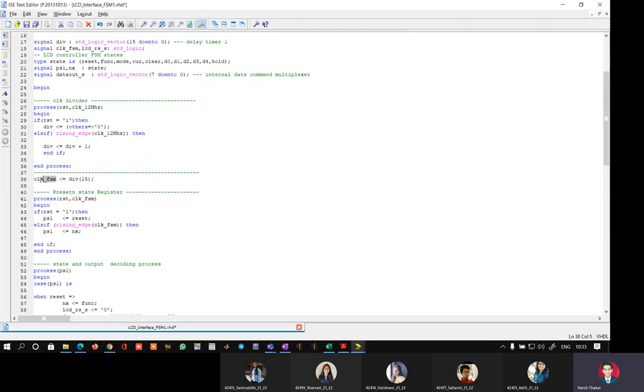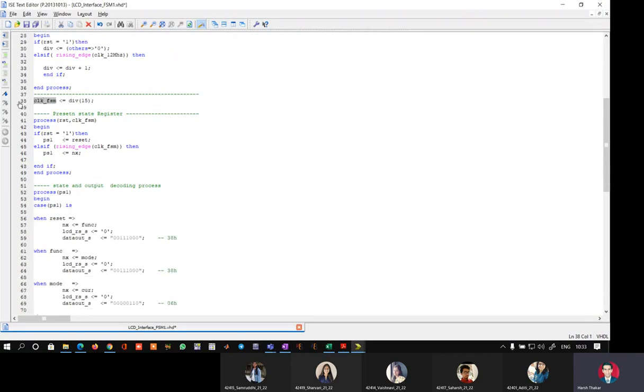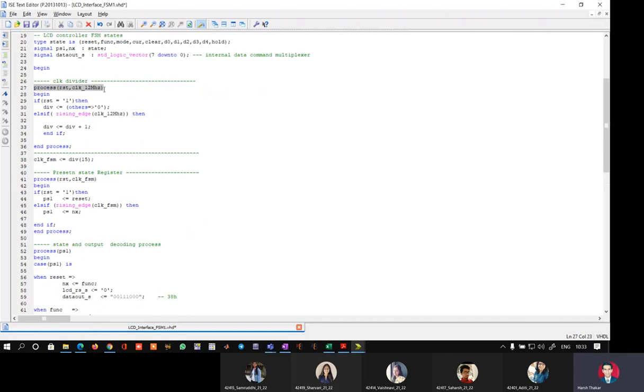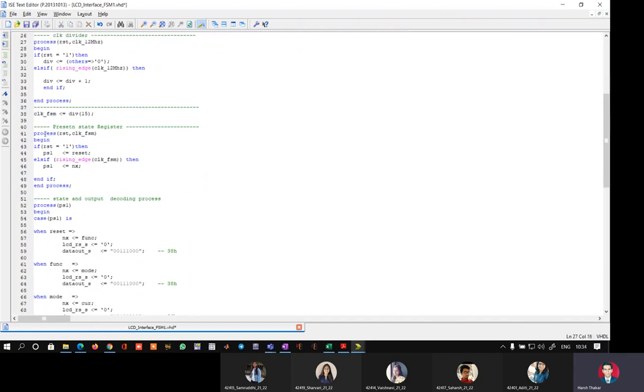So clock underscore FSM signal is having the frequency 183 hertz. Go to the second process, which goes from line number 41 to line number 49. Just see the sensitivity list. The first process is sensitive to the reset and the 12 megahertz clock, and the second process is sensitive to reset and the signal clock underscore FSM. That means the 183 hertz signal.